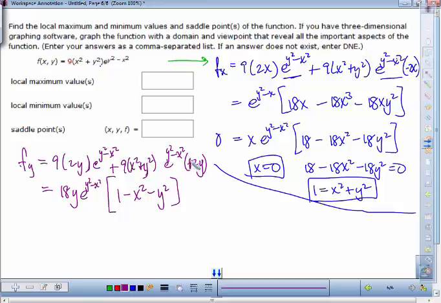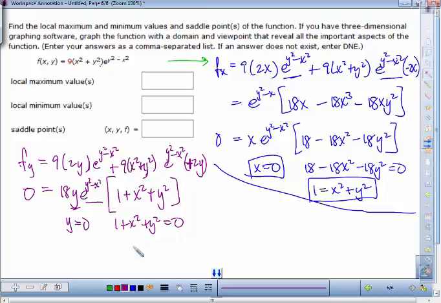Oh, okay. So then that would make this positive and positive, right? Okay, so now, if I'm going to set this equal to 0, I'm going to have y is equal to 0. E to the anything is never going to equal 0, and I have 1 plus x squared plus y squared equal to 0.